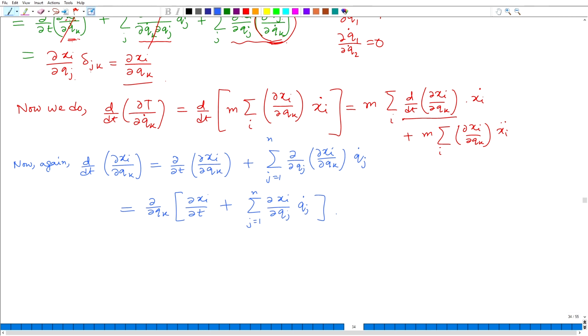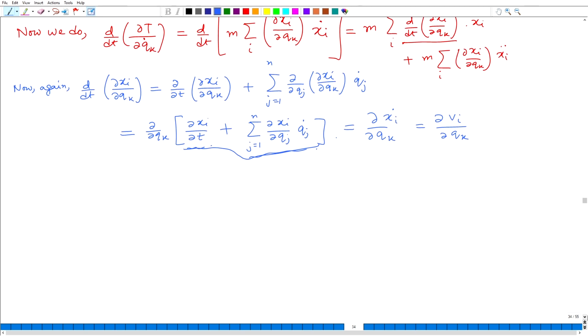And finally, if you see carefully, what is this? This is dx_i/dt. So, this is nothing but ∂/∂q_k of ẋ_i, or you can write ∂v_i/∂q_k. That is possible.